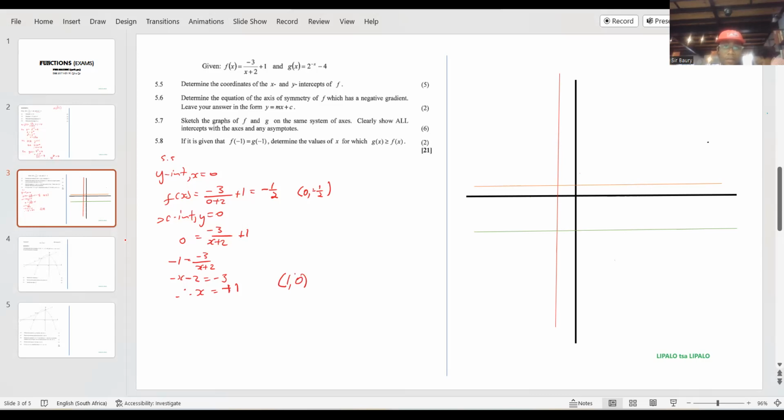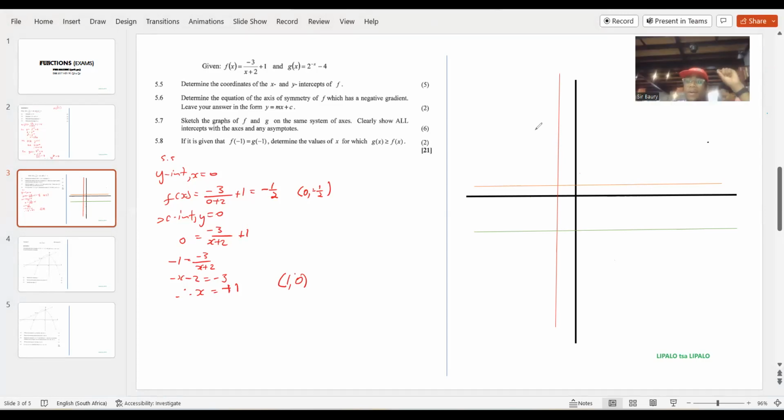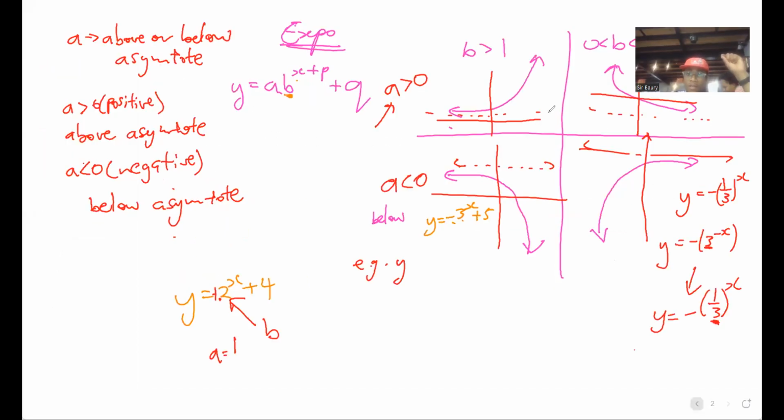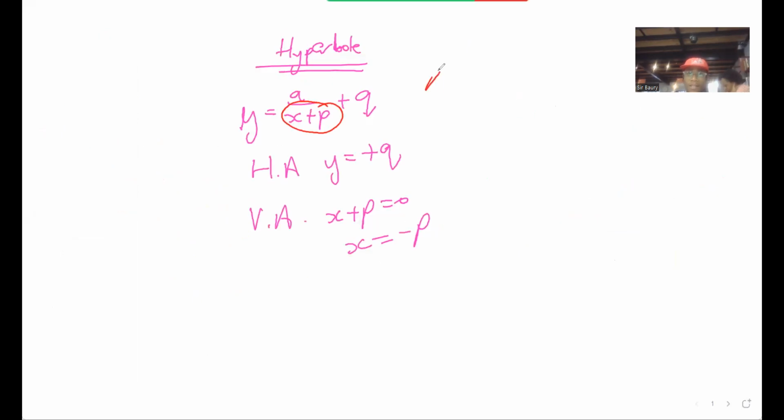Okay. And then determine the equation of the axis of symmetry of f, which has a negative gradient. Again, axis of symmetry. I'm going to repeat the same thing I did in the previous one. If they ask you about the axis of symmetry of a hyperbola, let's go to the hyperbola.